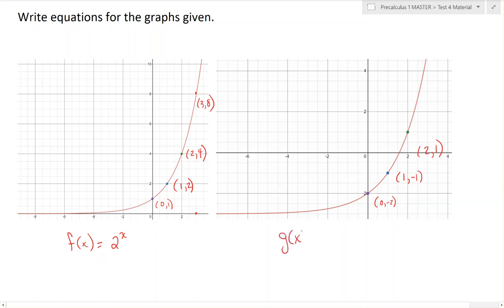So this function is going to be the same type of growth, but the y value is always 3 less. So we subtract 3 from that entire g of x function.